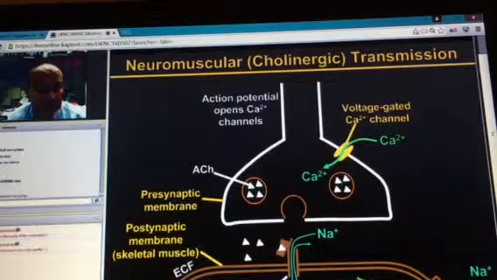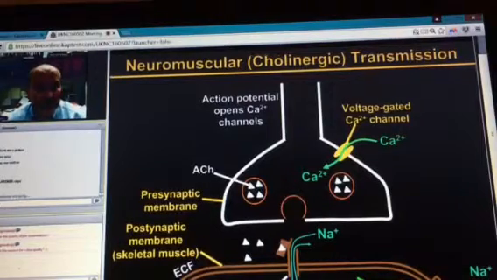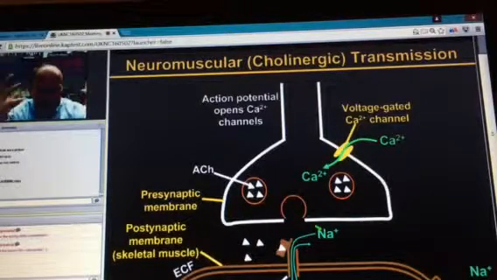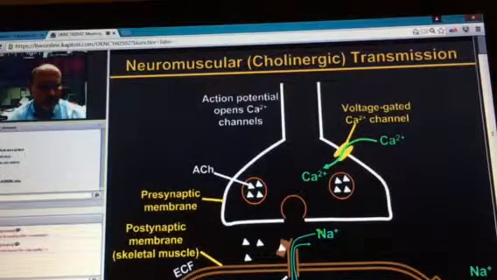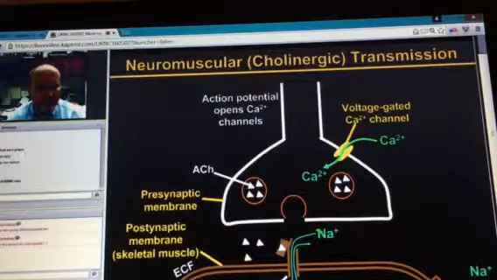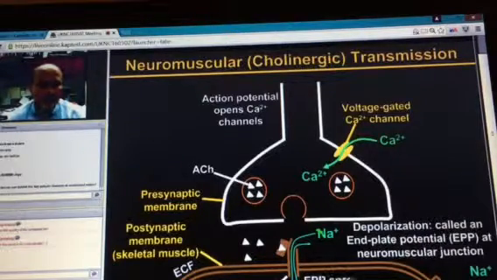The depolarizing sodium, exactly. And the reason for that is sodium has a big net force. It's a long way from equilibrium. So when I get some opening here, I'm going to see the depolarizing sodium current. It has a bigger net force, so we see a depolarization.